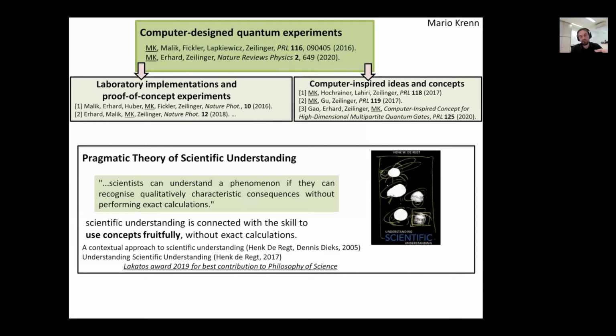So that means in some way, scientific understanding is connected to the skill to use concepts fruitfully without exact calculations. With this inspiration from philosophy in mind, we go further and now develop a new quantum algorithm, one which actually helps us to understand those solutions much faster.